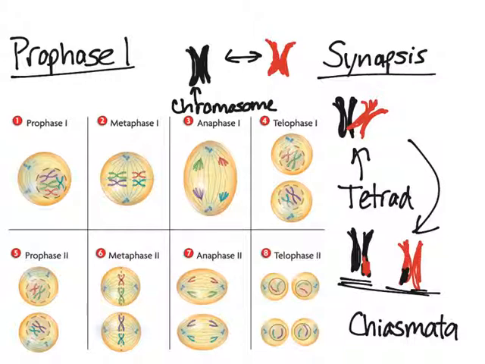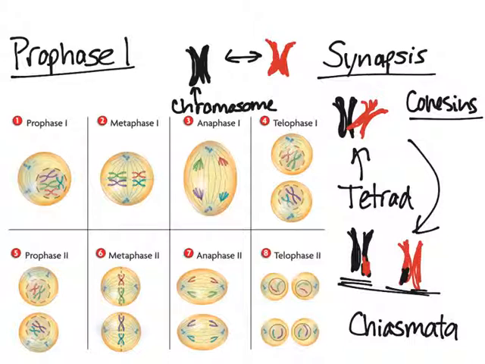And one thing I forgot to mention, it's kind of important, cohesins. They hold the homologs together, so they essentially help make up the whole tetrad.